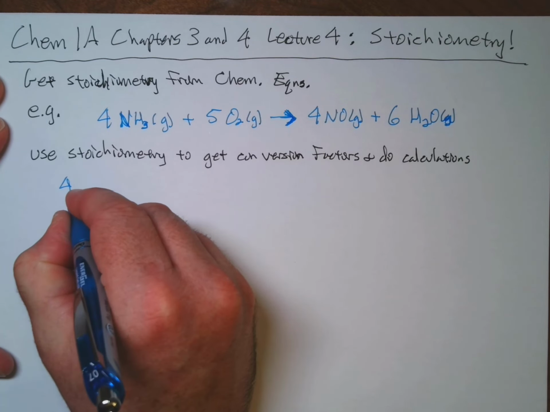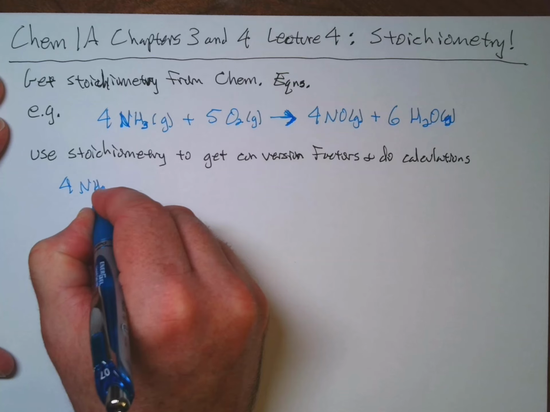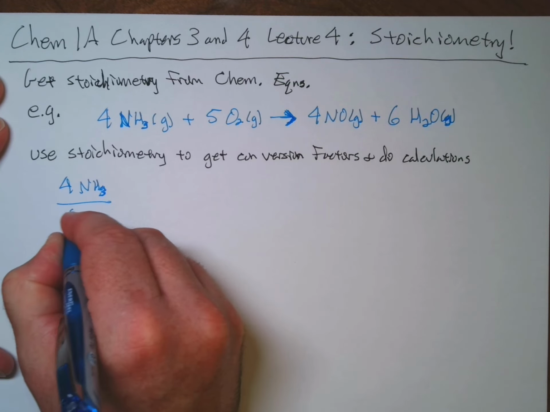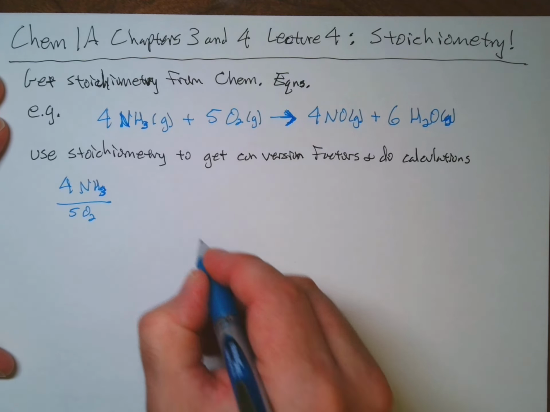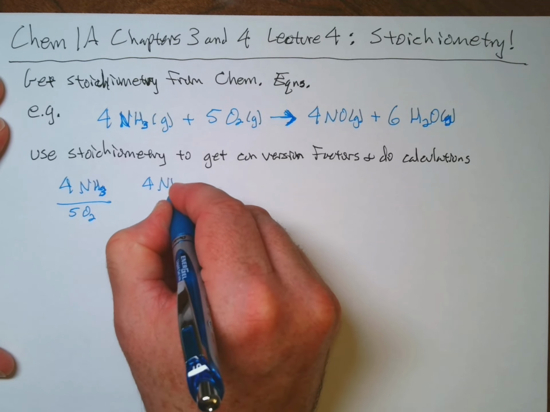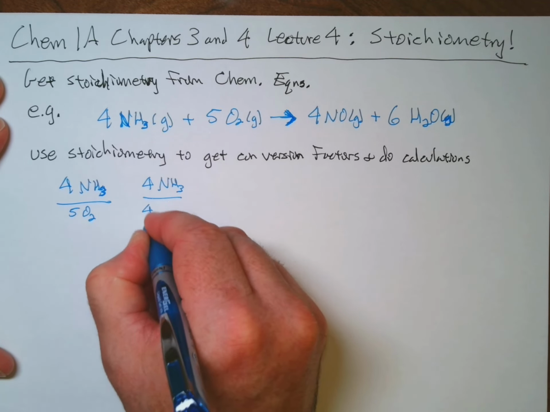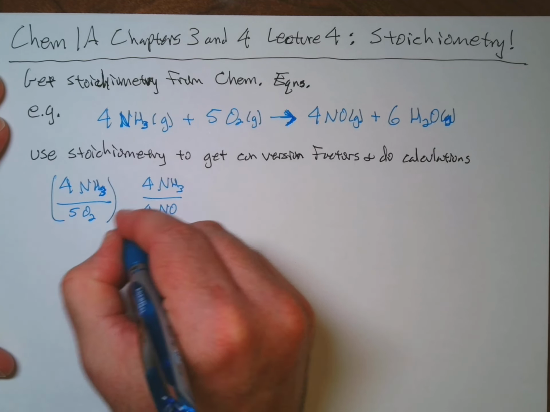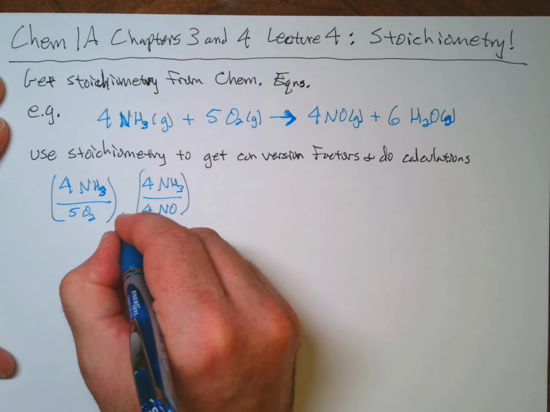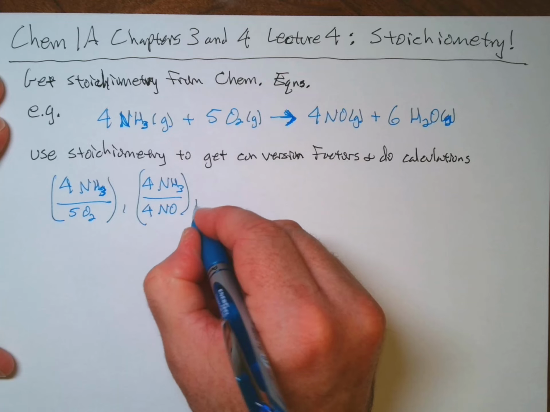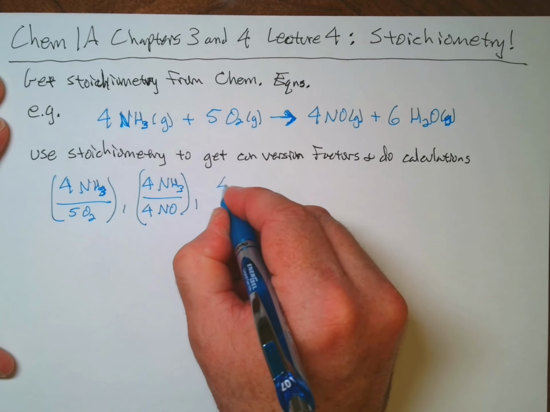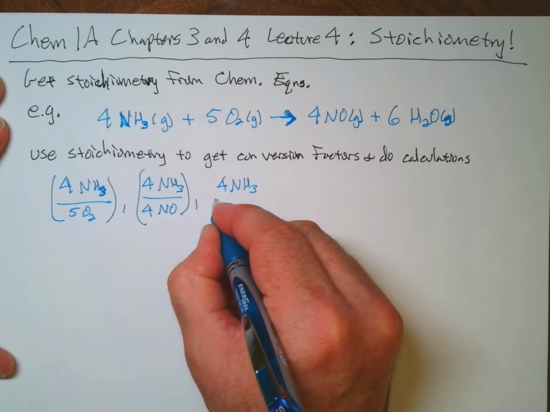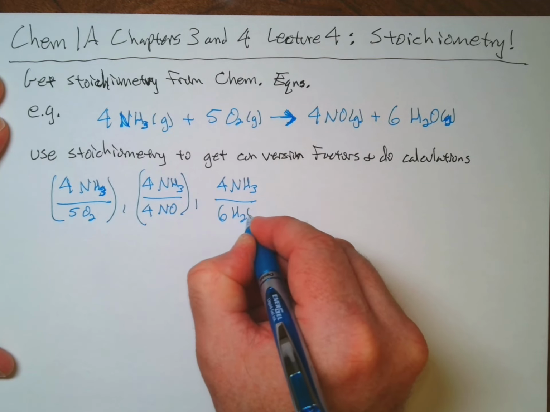We have 4NH3 per 5O2, and we have 4NH3 per 4NO, and we have 4NH3 per 6H2O.